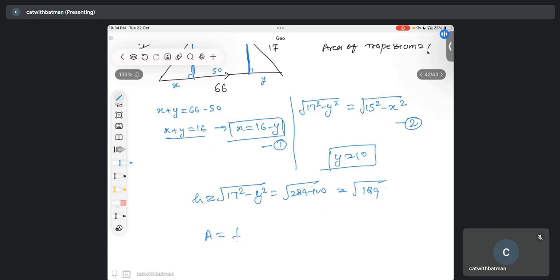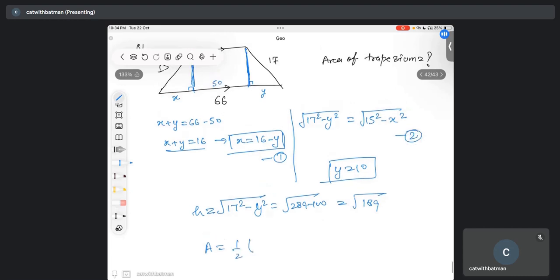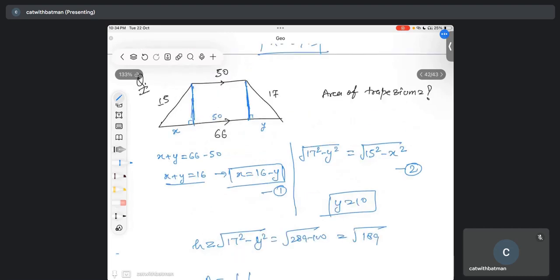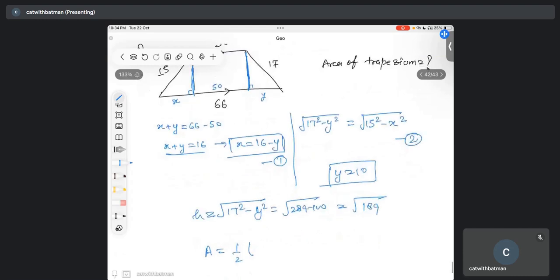Applying the area formula is simple: half into the sum of two parallel sides, that is 50 plus 66, multiplied by its height, that is root 189. So this would be half of this, 25, 33, 58 root 189. This is the result that you get, the area.